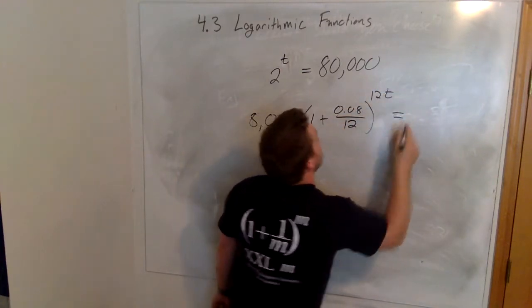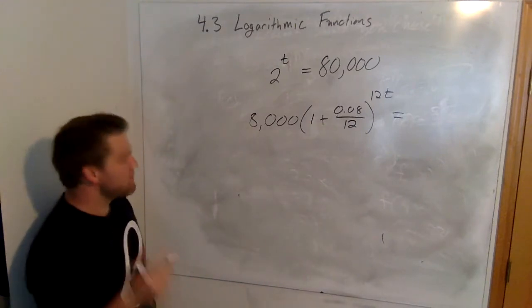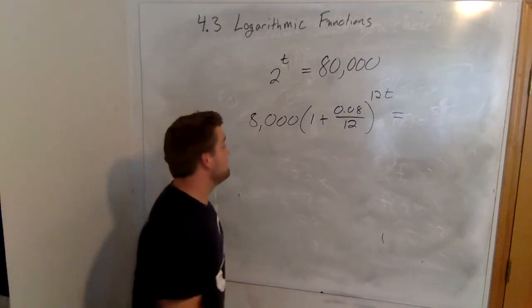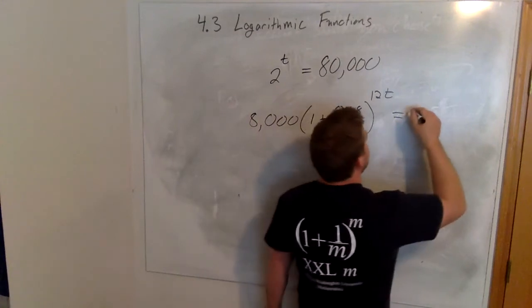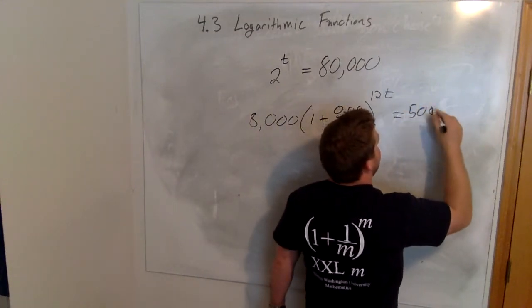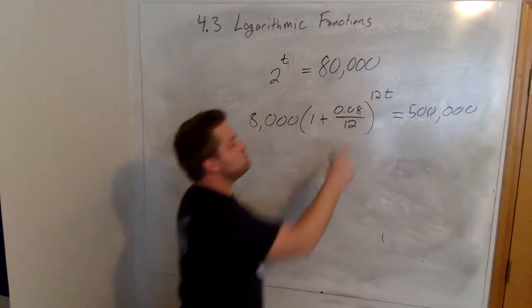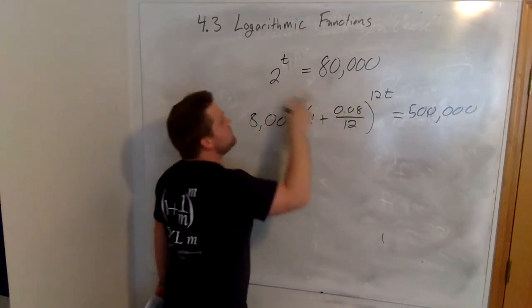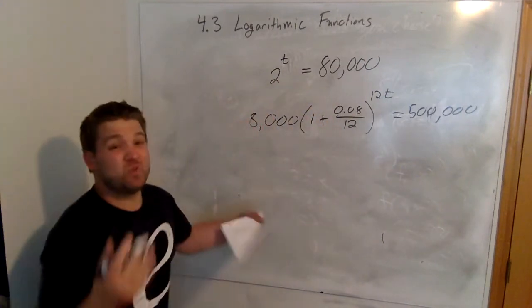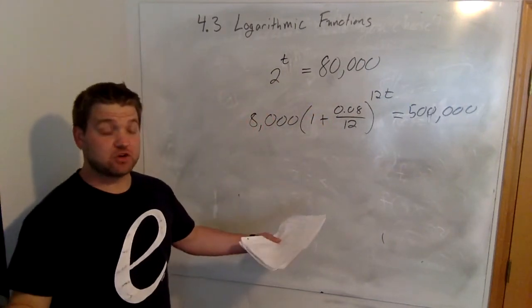And you'd want to know, well, how long would it take for us to have enough money for a Lamborghini? Or how much is a Lamborghini? Like $500,000? We would want to solve this equation for t. These are exponential functions. We don't know how to undo exponential functions.